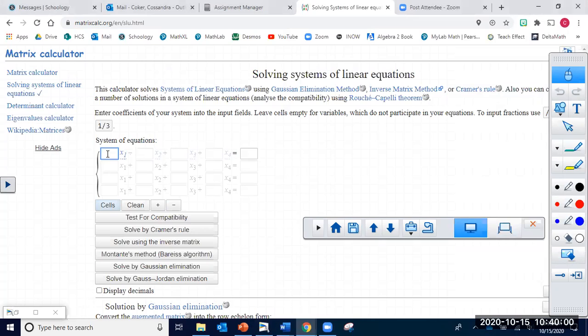So we're going to type in -1, then we had 0 and 2. And we didn't have a fourth term, but it's set equal to 5. And then you had 3, 1, -1, 7, 0, 4.